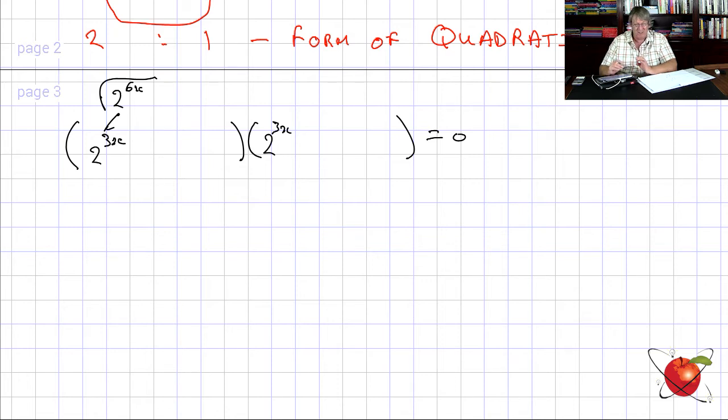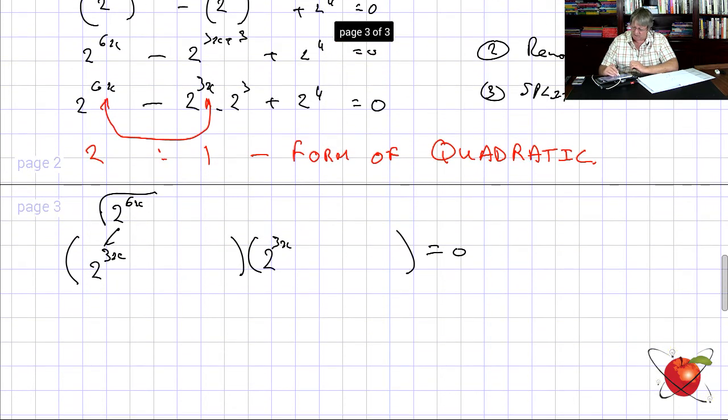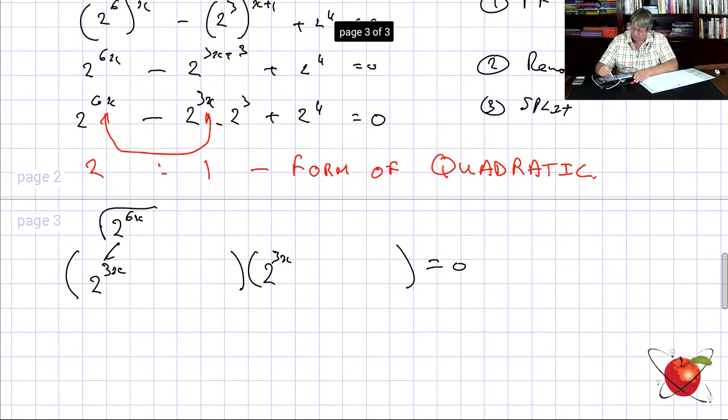Now we're just pretending it's an x. What do I do next? I look and say, okay, hang on, that 2 to the 4, I can rewrite that quadratic as this: 2 to the 6x minus 8 times 2 to the 3x plus 16 equals 0, correct?